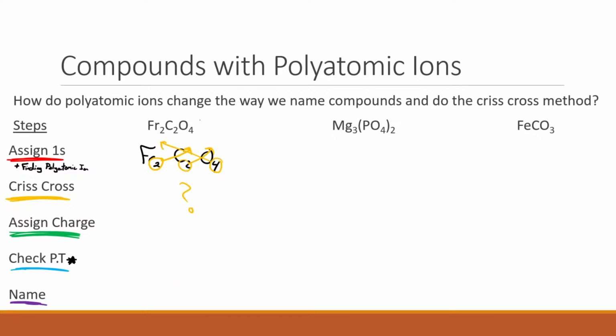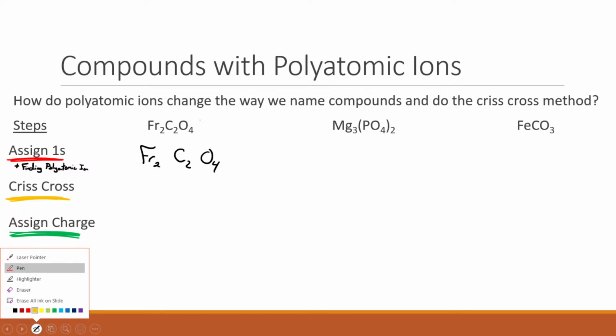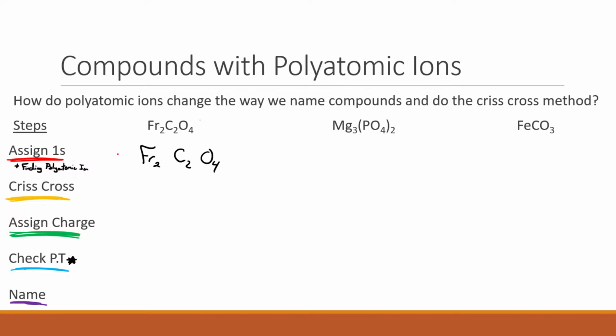We can't crisscross 3 different things. And so we know that there must be a polyatomic ion in here. So our first step when we identify our elements and assign our ones, we also need to find the polyatomic ions and capture them in these parentheses. We can find them just by looking at table E.